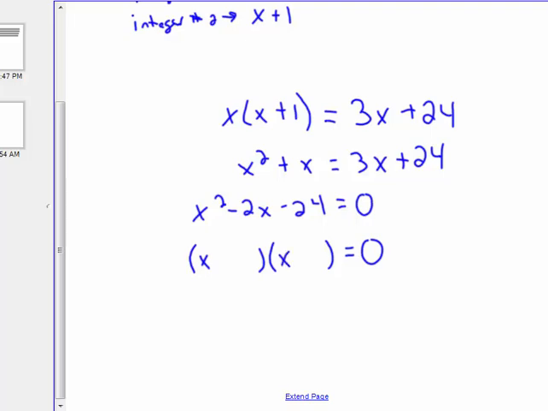So at this point, when I factor this, I get x minus 6 and x plus 4. When I set them equal to 0, I get x minus 6 equals 0 and x plus 4 equals 0.